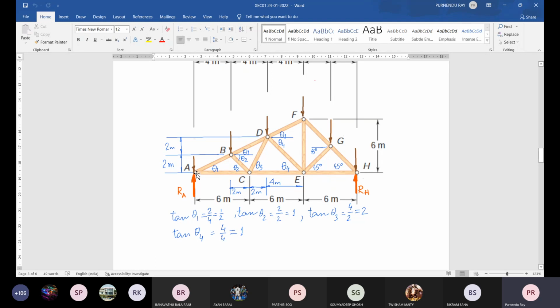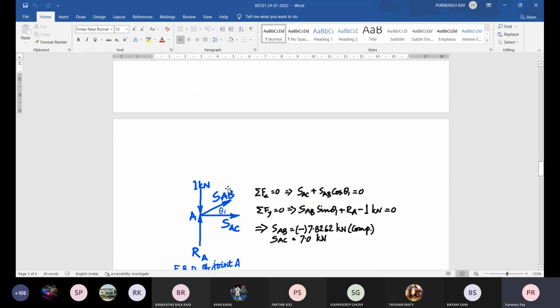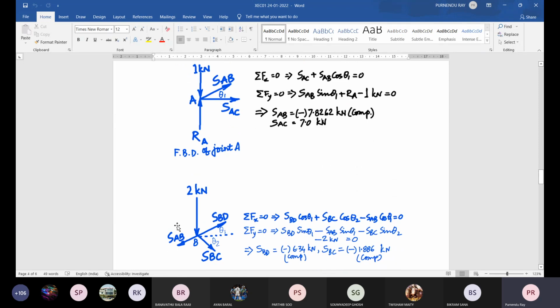Once you have used SAB for member AB, for joint B we are not using the name SBA, so it will create some confusion. So be careful about that.